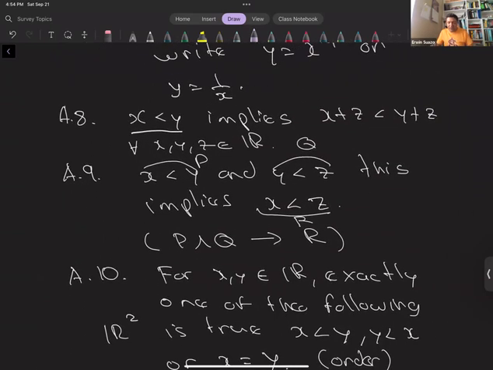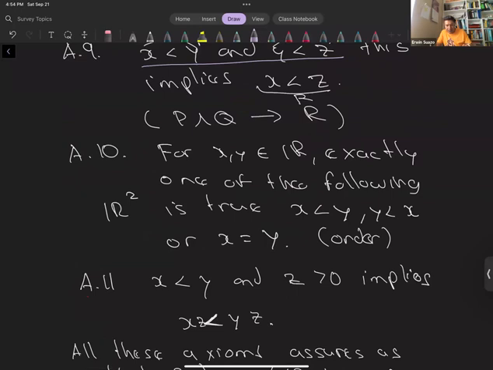If you add to both sides, the order doesn't change. You have transitivity. Look at this, it's an axiom, Axiom 11. If x is less than y and c is positive, this implies the order stays the same.